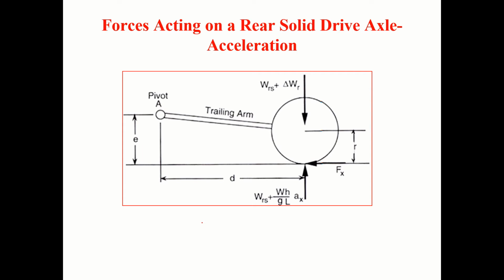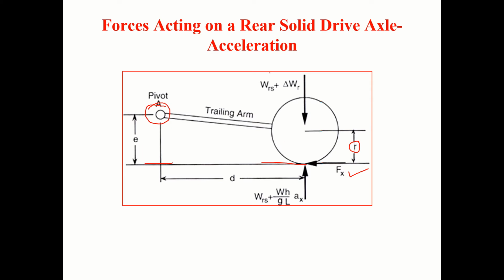So now let us see where exactly this pivot point should be located. Assume that this is at a distance d from here and this is at a height e from here. R is the radius of the wheel. Fx is the traction force.